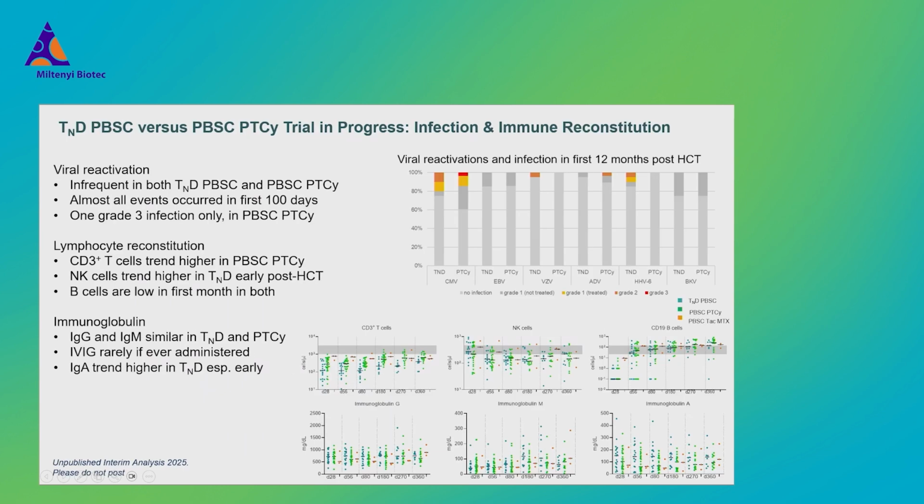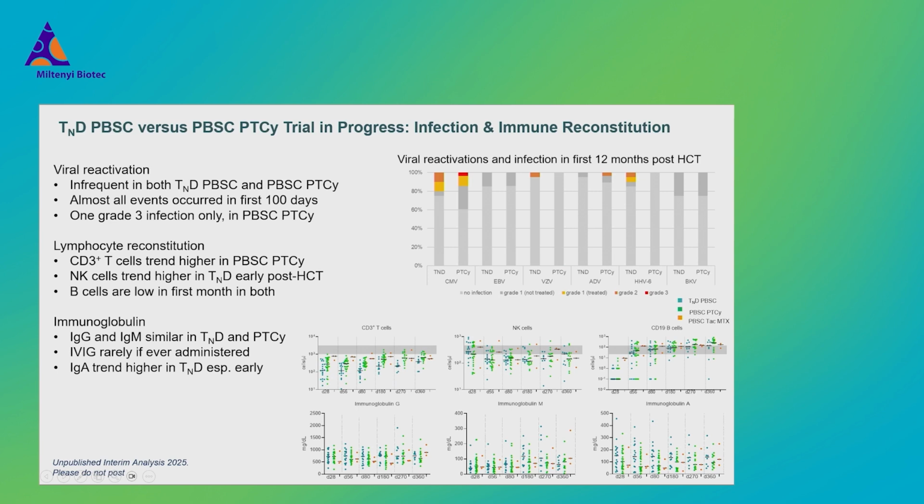So I'm showing you a little preliminary data, exploratory data from this ongoing randomized trial of naive depleted PBSC and PBSC with PTCy. The first thing I want to note is that viral reactivation is infrequent in both arms, and most of what we see, almost all of it, occurs in the first 3 months post-transplant. So if you look at the graph on the upper right-hand side, the pale gray signifies no viral reactivation.